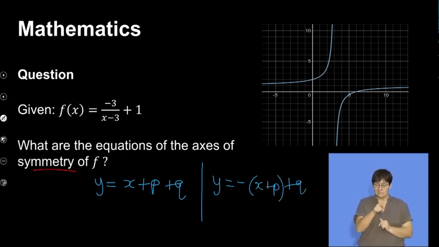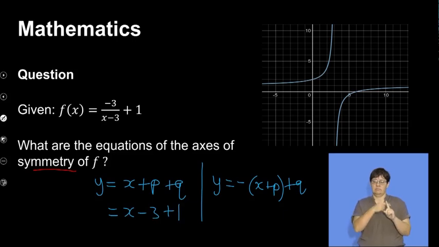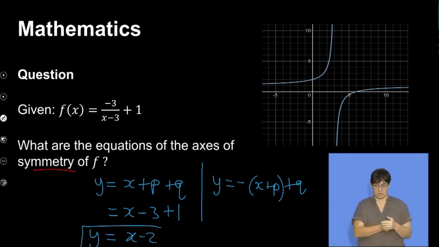So that's what you just need to look at there. It means this is the same as x minus 3, because our p there is minus 3, plus 1, which is equal to x minus 2. So that's the first equation, right? And the reason why it has two equations, I'm just going to show you now on that particular graph that we first drew.